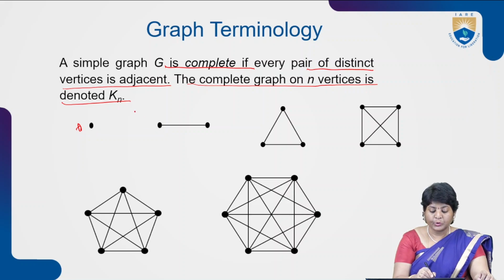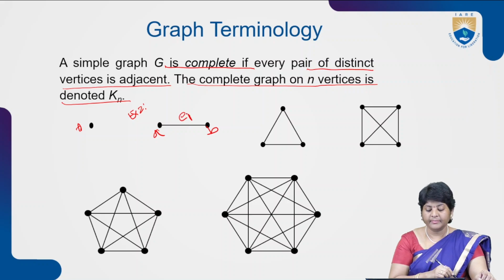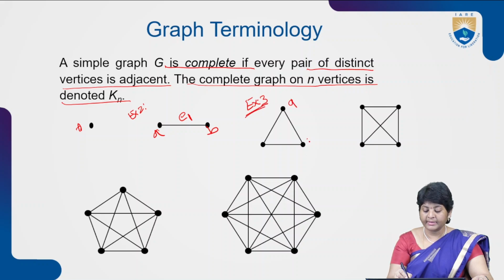And example 2: here we have two vertices A, B, and a connecting edge E1. Now, this is a complete graph. Why? Because A is connected to B and at the same time B is connected to A. Example 3: here three vertices are there, A, B, C, and edges E1, E2, E3.